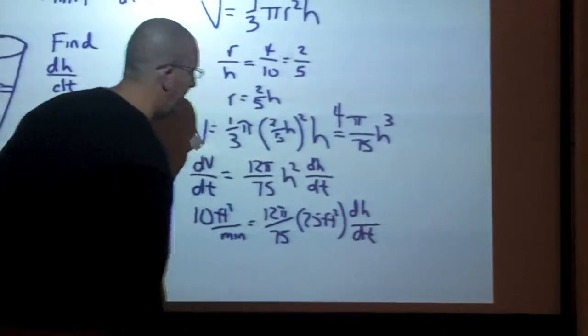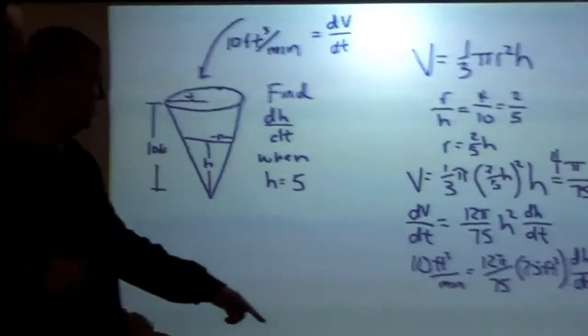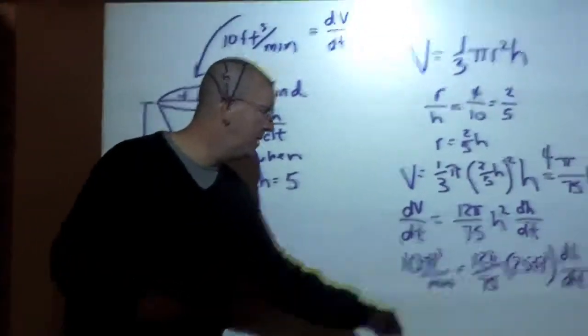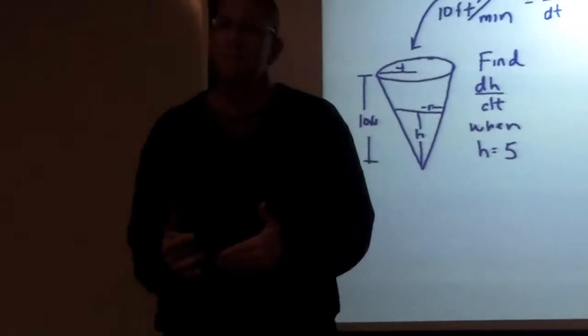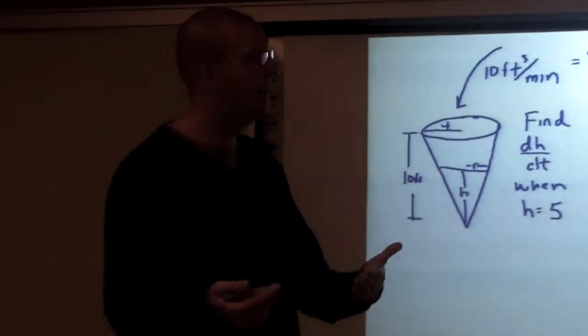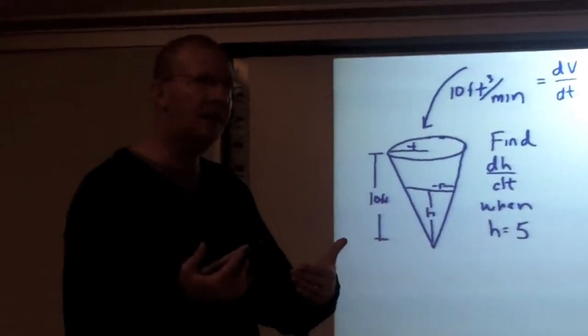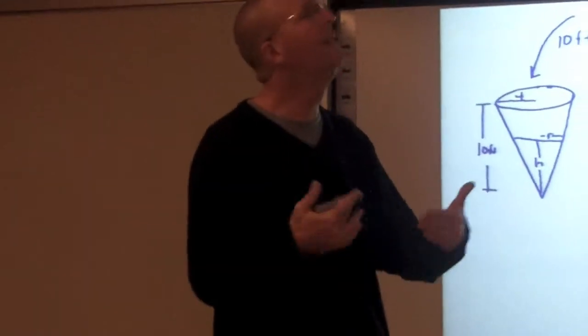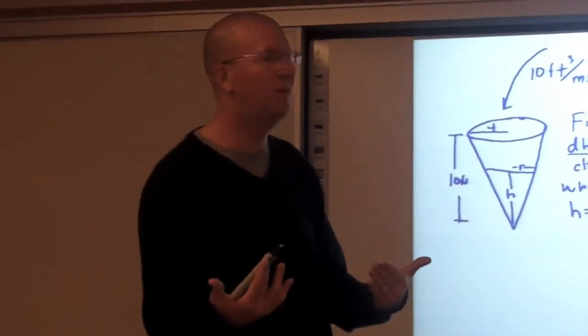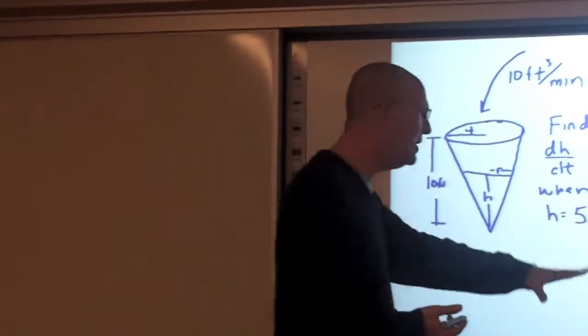And sure enough, all of you physics students know feet cubed per minute divided by feet squared, feet per minute. dh/dt, change in height per time, that's right, feet per minute. So I can always use my units to help me check.